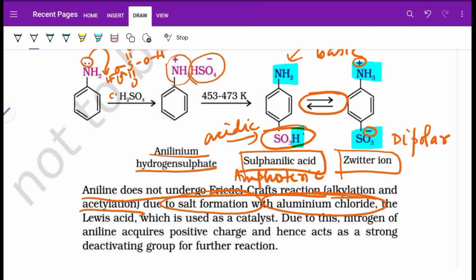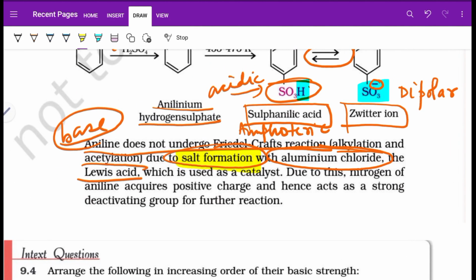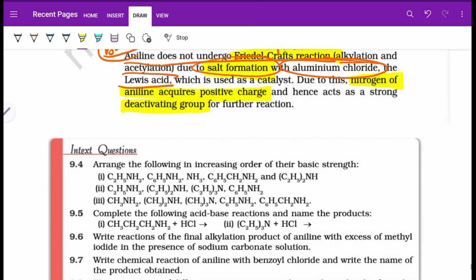Because aniline is a base and the aluminium chloride is a Lewis acid. Thus, it results in a salt formation. So, remember that this aluminium chloride after the salt formation gives nitrogen a positive charge and hence deactivates it towards Friedel-Crafts reaction. So, aniline does not give Friedel-Crafts reaction.